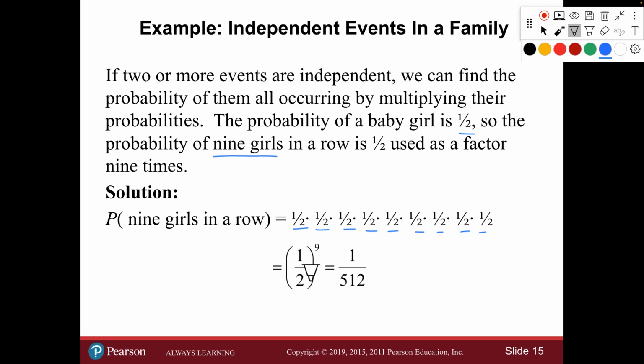That would be 1/2 to the 9th power, 1/2 multiplied by itself 9 times. We could just do it this way, which reduces down to 1 over 512. If you take 2 to the 9th, you get 512. If you take 1 to the 9th, you still get 1. That's kind of cool. So that's how that's working.